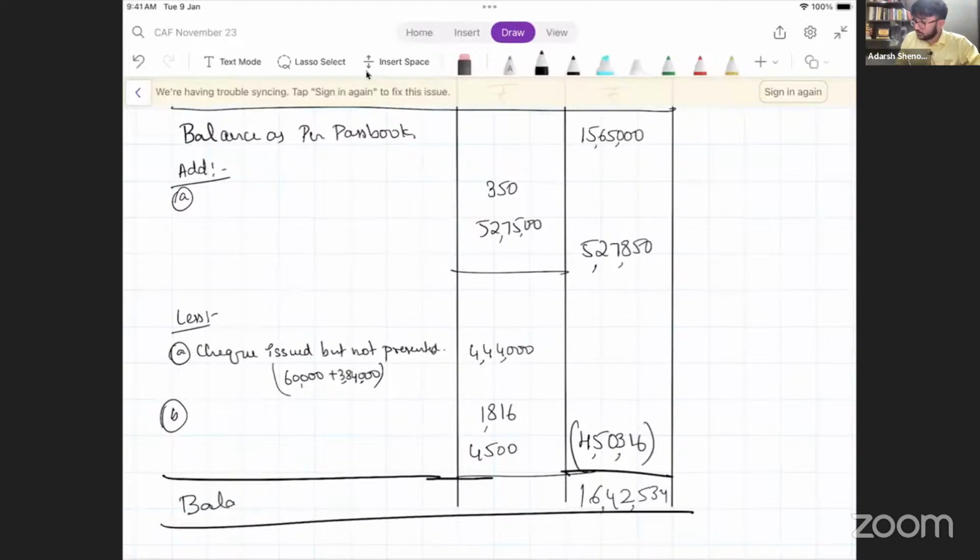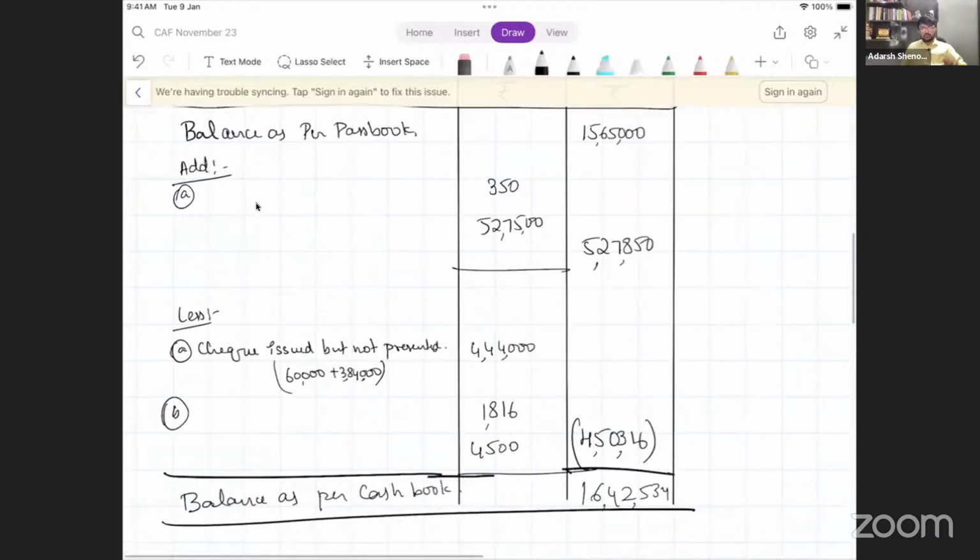This is balance as per. We started with the passbook, so this will be balance as per what? Cash book.